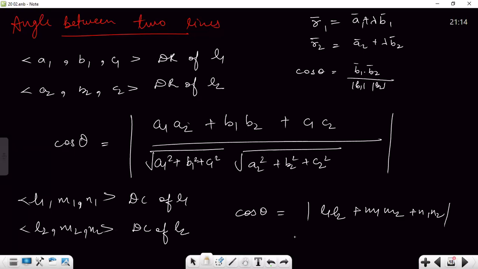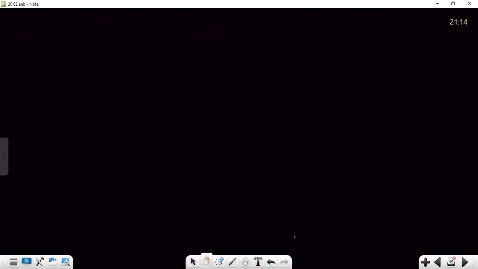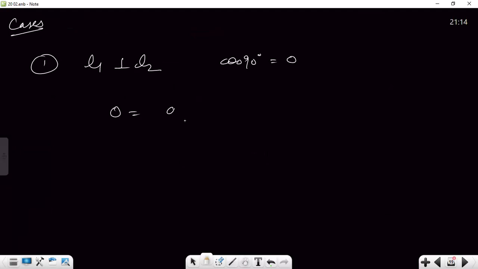From here we derive the concept, which is important and easy. If lines are perpendicular, then cos of 90 degrees is 0, so 0 equals A1A2 plus B1B2 plus C1C2.